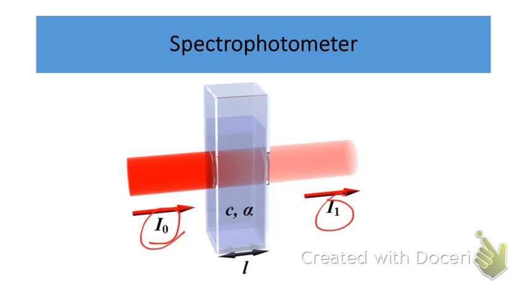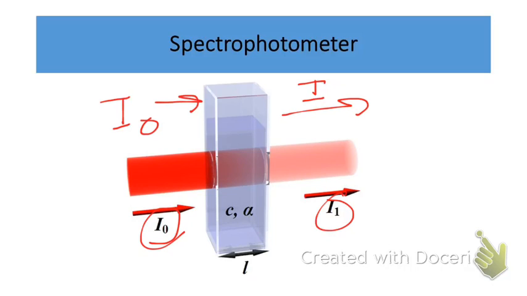I sub O is the initial intensity of the light that hits our sample solution, and I is the amount of light intensity that is not absorbed by the solution.